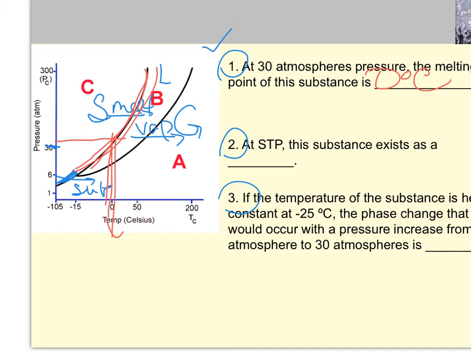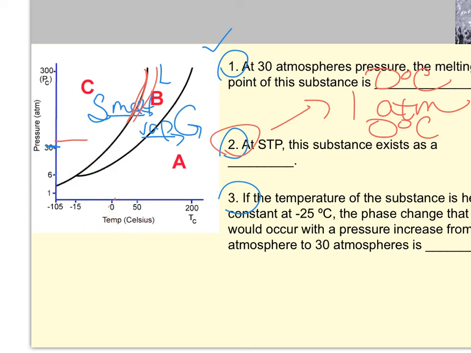At STP, the substance exists as, and now you have to think back to Chemistry 1211, STP is standard temperature and pressure. So standard pressure is 1 atmosphere. Standard temperature is 0 degrees. And so let's look at this for a minute.